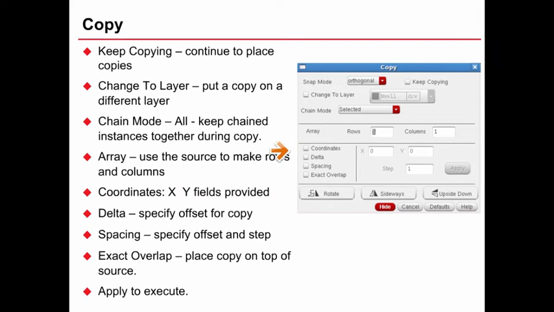As you go down farther, you could say, I would like to copy my source to these coordinates. Or you could say, I want to copy them with this delta offset, and if I'm continuing to copy, I would like to copy with this spacing, or an exact overlap says that you want it exactly on top of the source.